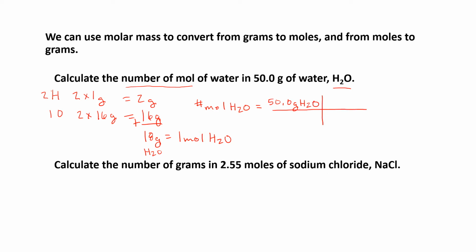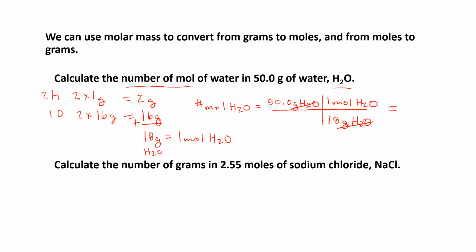Now, I need to get rid of grams and thus get to moles, so I need to use this conversion factor. 1 mole of H2O divided by 18 grams of H2O. So that grams of H2O cancels and I'm left with moles of H2O.